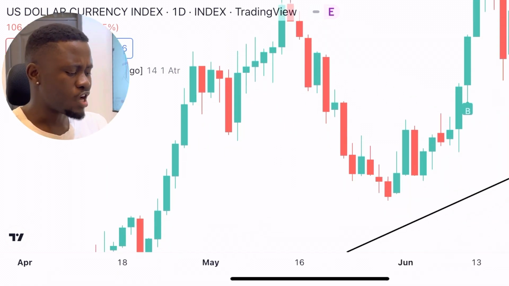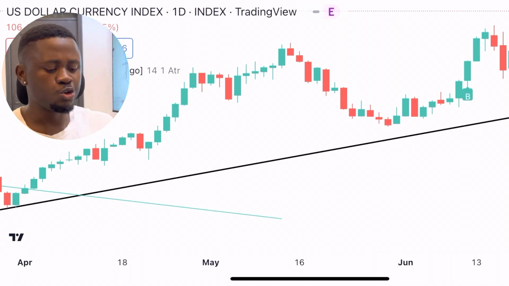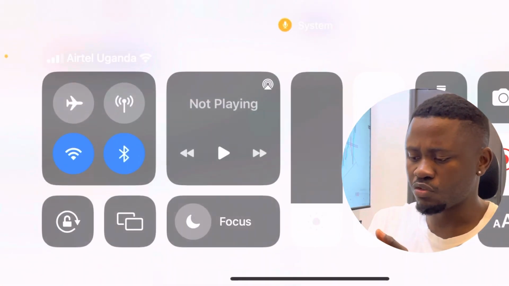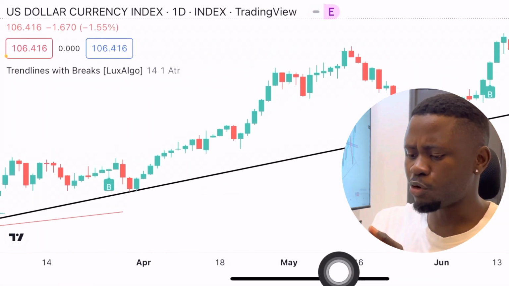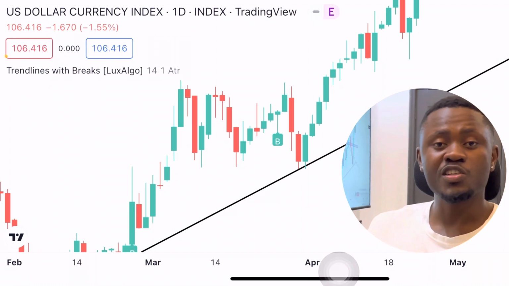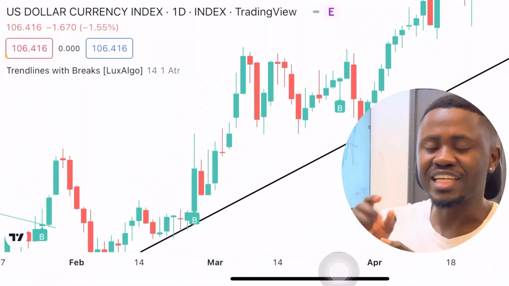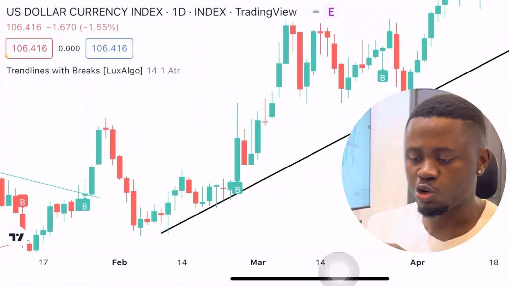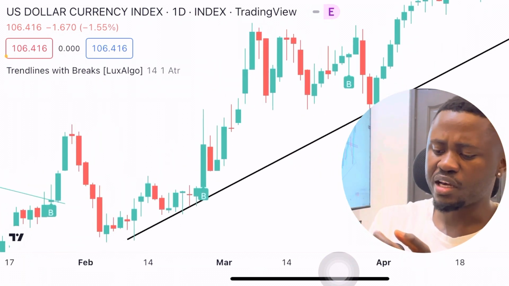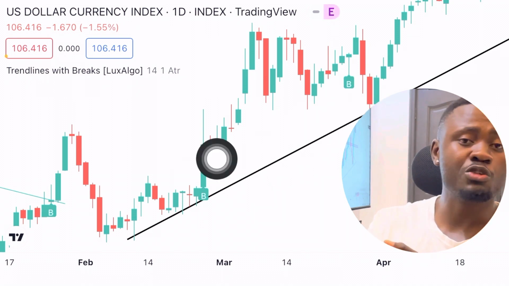I want to take advantage whenever price is doing these movements, guys. So what I'm always going to do is wait for the retracement to come in. And where does the retracement come in? The retracement always comes in at the trend line. So when you have your trend line drawn in, guys, most of the time the market has just moved one move here, so you don't know where to draw the trend line.